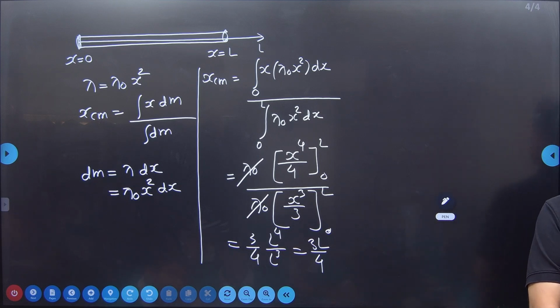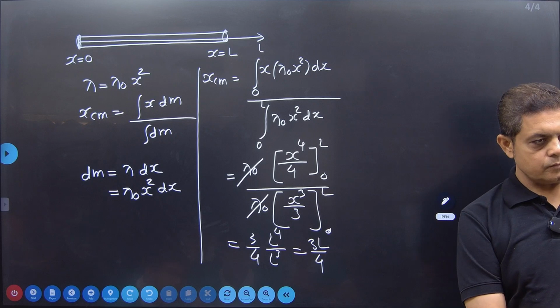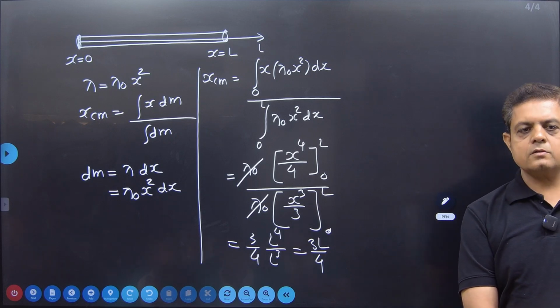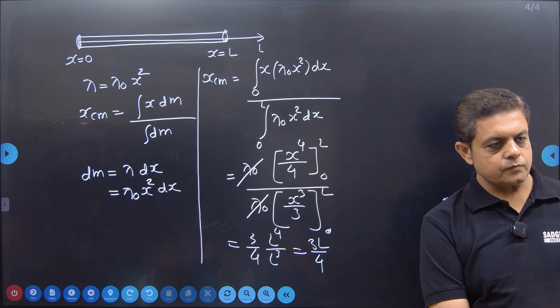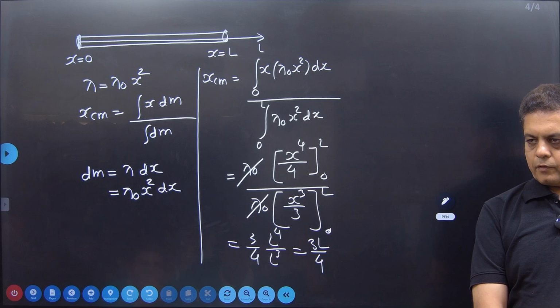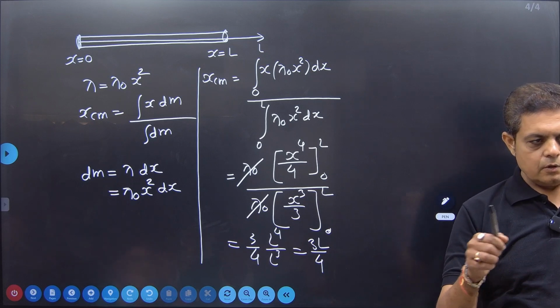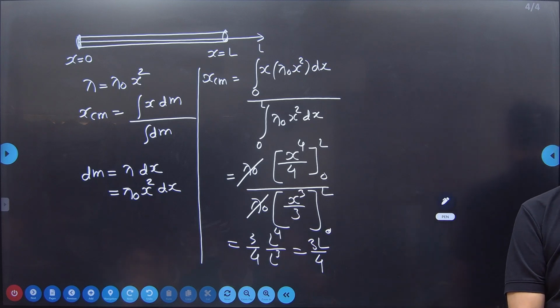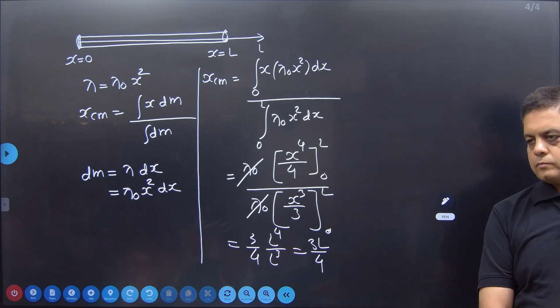If the mass distribution is uniform, and the shape is regular, in that case, the geometric center is the center of mass normally. Suppose the object is square in shape and mass distribution is uniform.